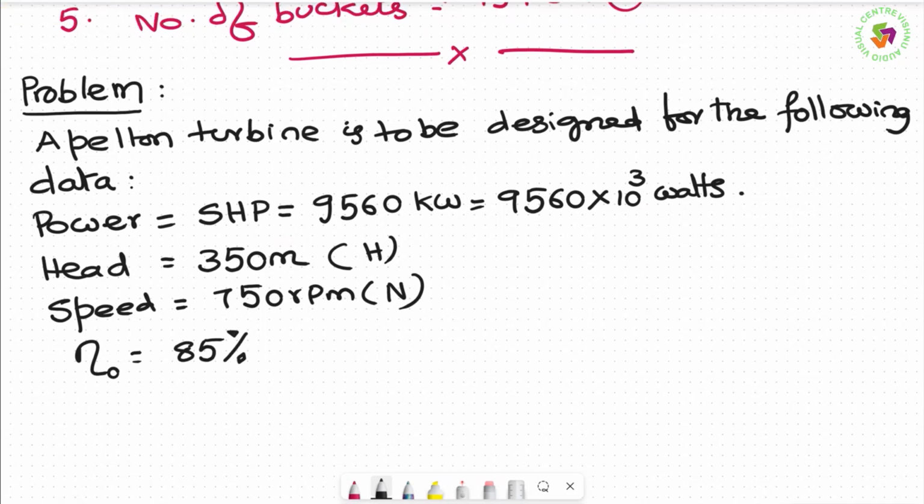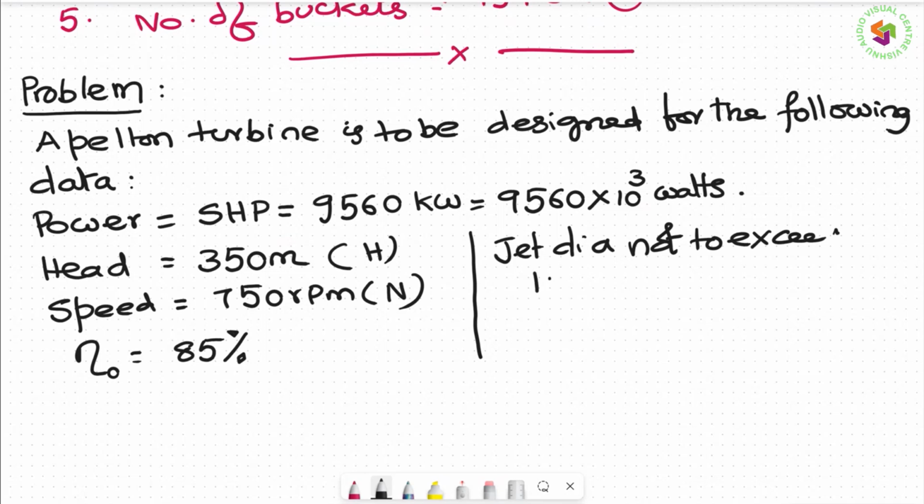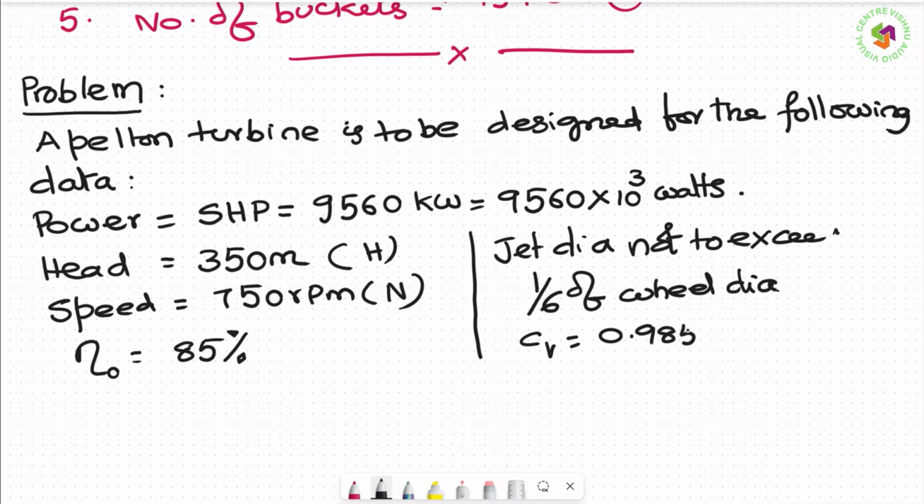Then the jet diameter should not exceed 1/6 of the wheel diameter. This is one more condition. Then CV is equal to 0.985, KU is equal to 0.45.